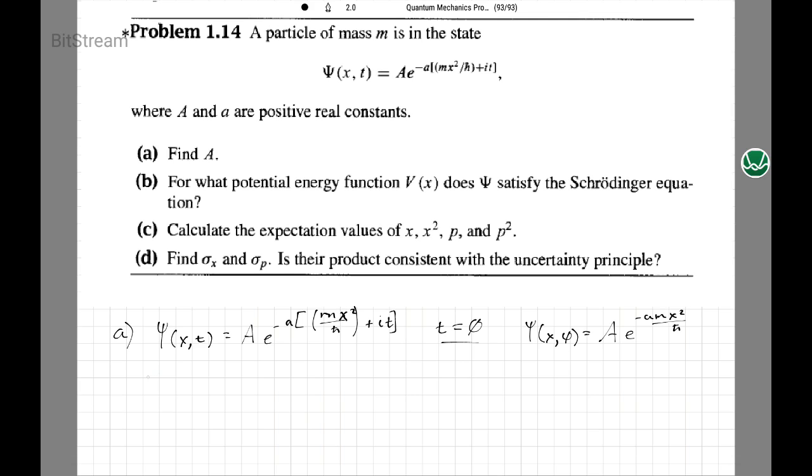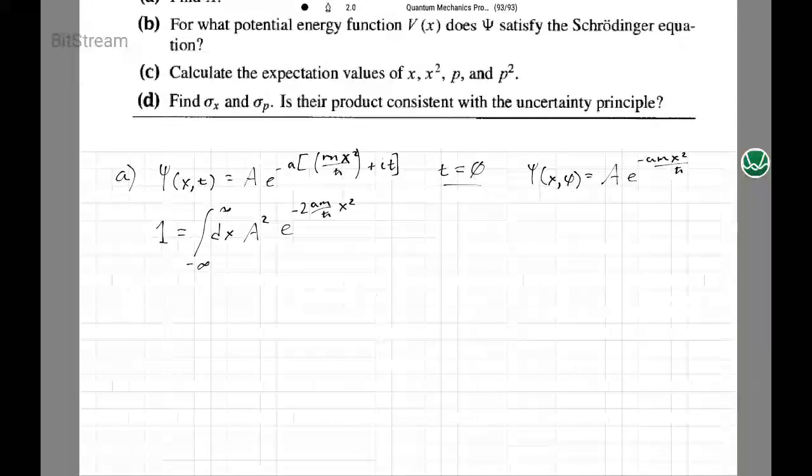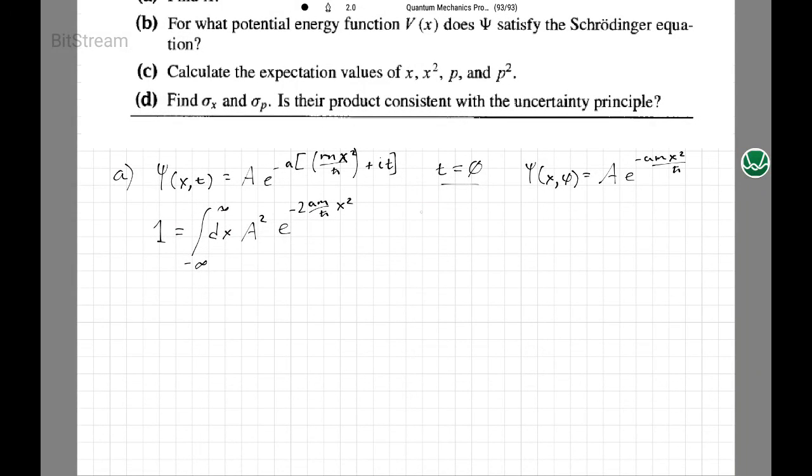Now, to normalize it, we must be able to find it over all space. So we are just going to integrate the wave function squared. That's this guy, minus 2am over h bar x squared. I'm going to go ahead and just do simple u substitution for this.